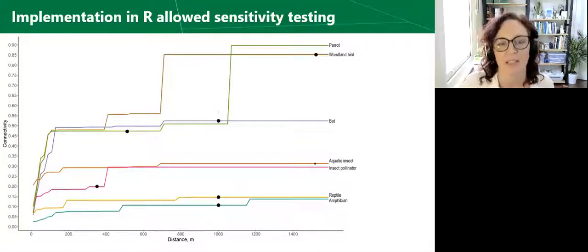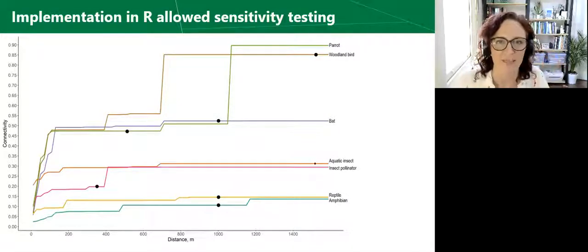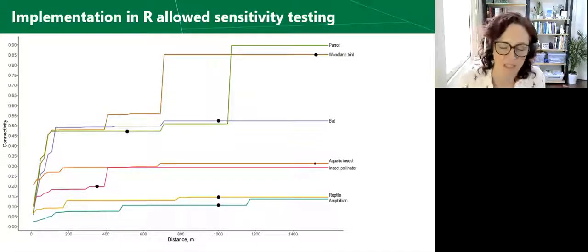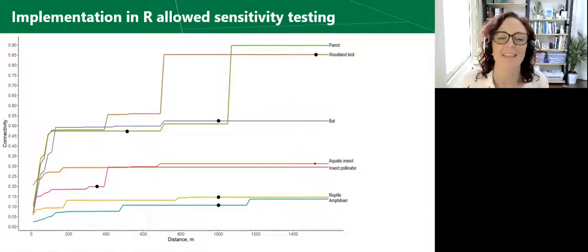So having that uncertainty, we were able to quantify connectivity for a whole range of different distances, and then look at how that changed when we altered the distance. And as you can see, it does jump around a fair bit.